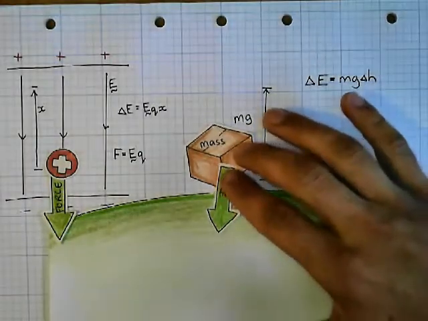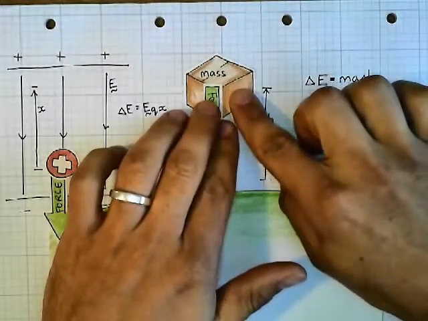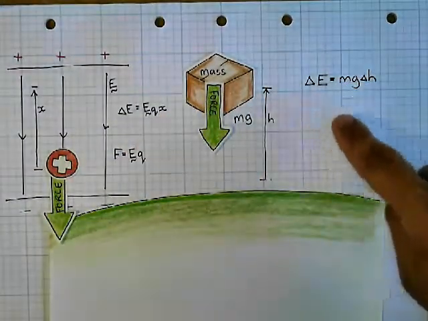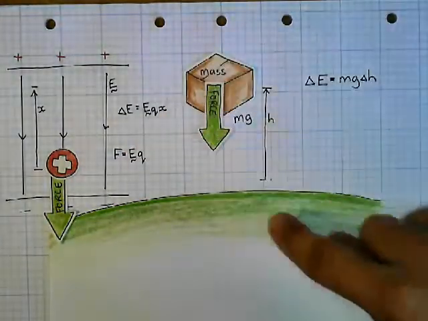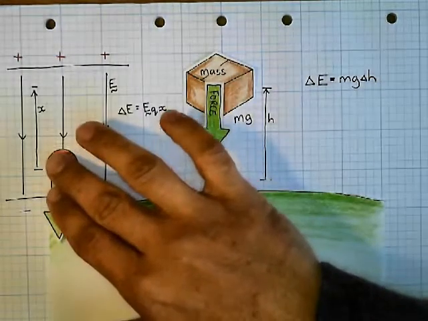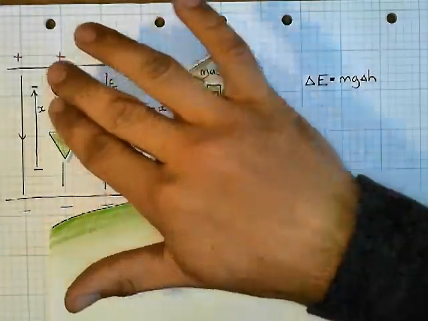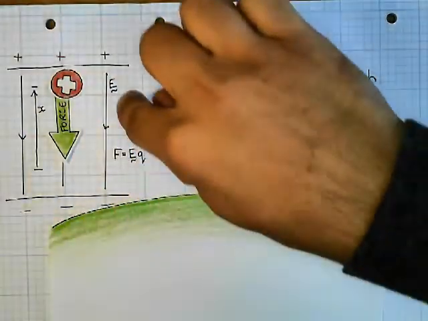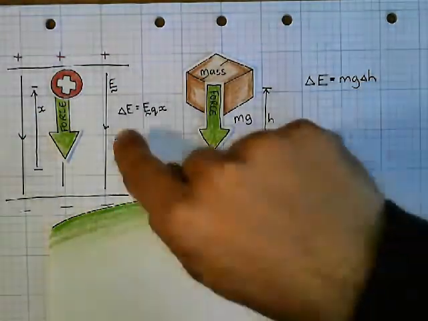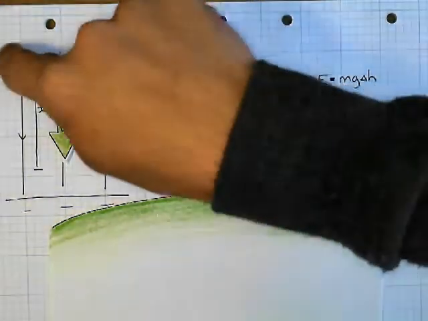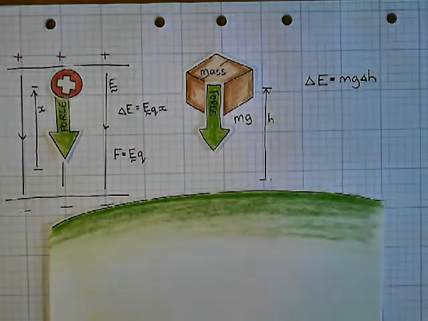In lifting a mass, the gravitational potential energy is stored in the gravitational field. In lifting a charged particle against the electric field, the energy is stored in the electric field.